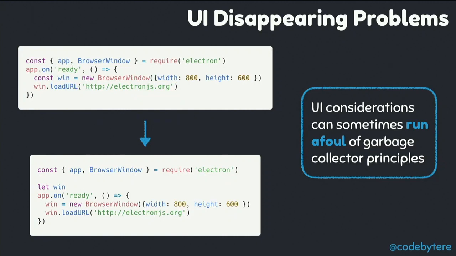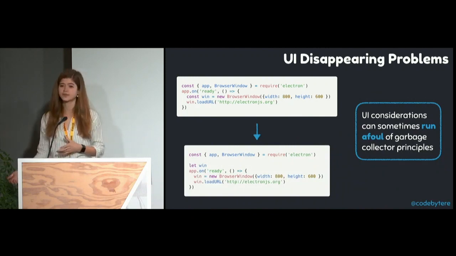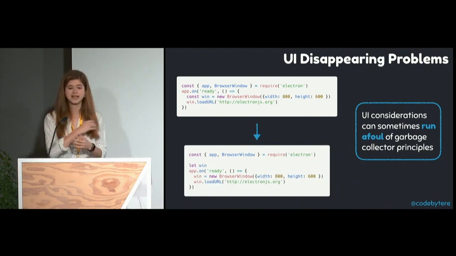As such, if you run the code in the snippet you can see on the screen right there, you'll find that this window will actually just disappear on you within a few minutes. What's happened is that since you've instantiated the variable in a listener callback, the window variable is going to go out of scope. And so the V8 garbage collector has taken this as its cue that that piece of memory can be deallocated and swept away.